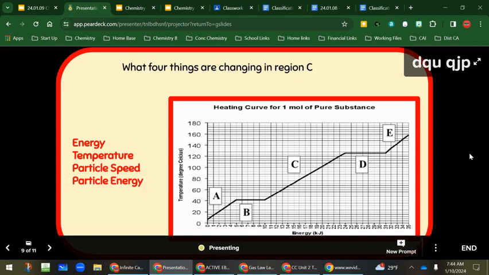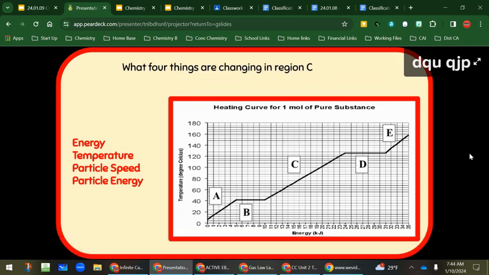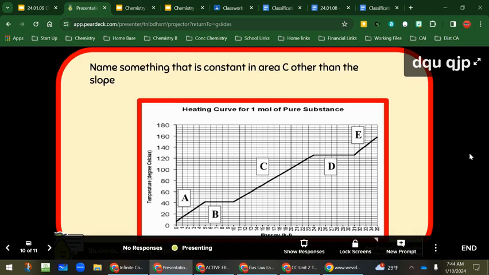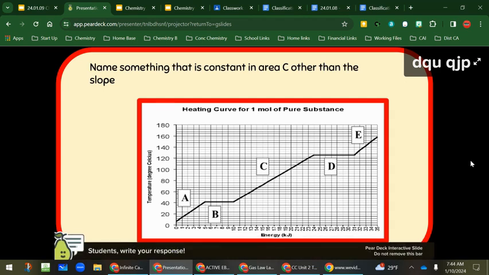Okay? So all of those things are changing: energy, temperature, particle speed, particle energy, velocity of the particles. All of those things are changing, ladies and gentlemen. Good. Name something that is held constant in area C other than the slope. Other than the slope, what is held constant in area C?